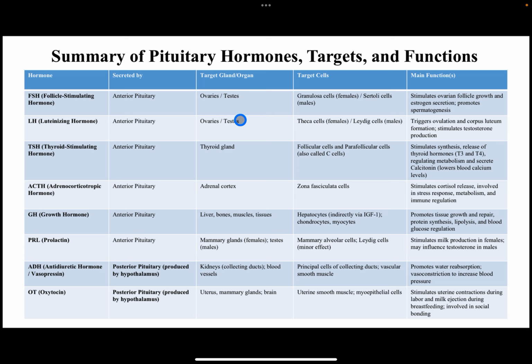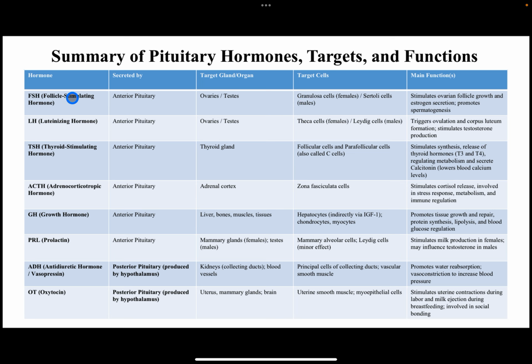Good. So now let's look at their functions. For follicle stimulating hormone, FSH, their target gland or organ is the ovaries. In the ovaries, their specific target cell is the granulosa cells for the females, and for males it is the Sertoli cells. Is that okay?